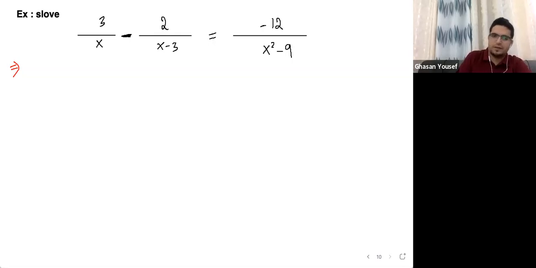So now I get 3 over x minus 2 over x minus 3, and here we have to add to both sides this value, plus 12 over x squared minus 9, equals 0.